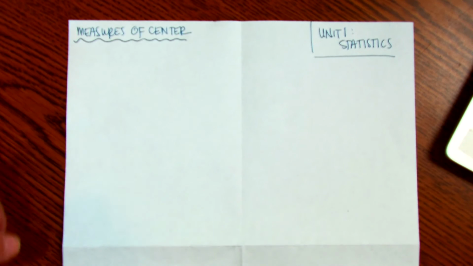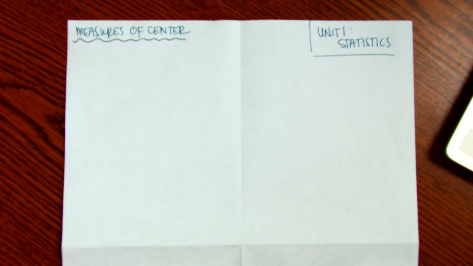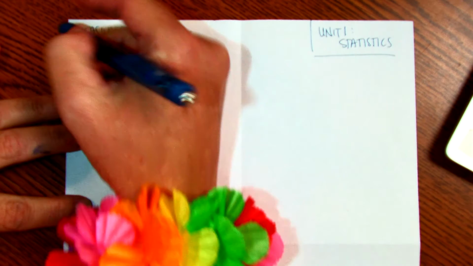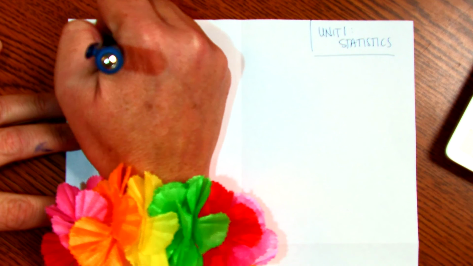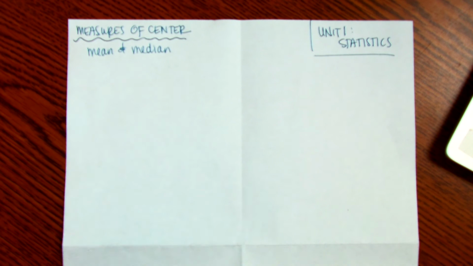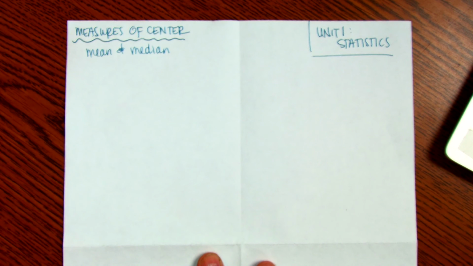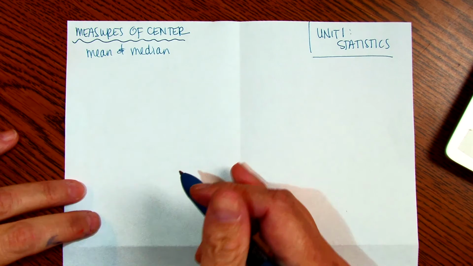For measures of center, some big ideas that we talked about were mean and median. So I'm going to break it up from there. I don't know why this is so fuzzy. Let's see if this is good. There we go. Okay, much better. Okay, so mean and median.